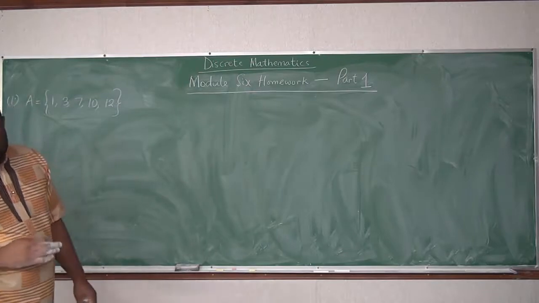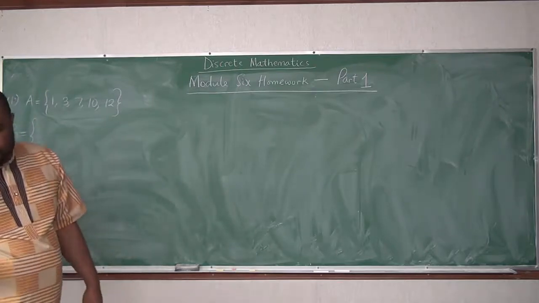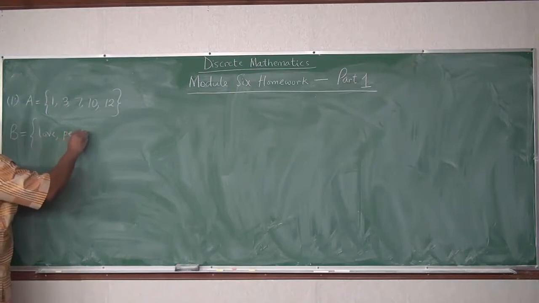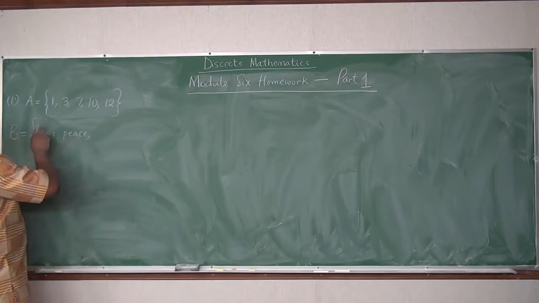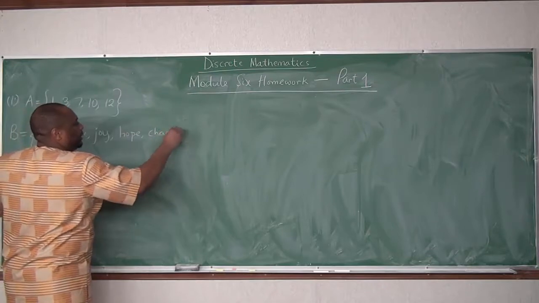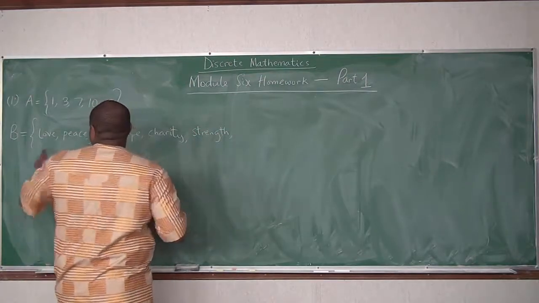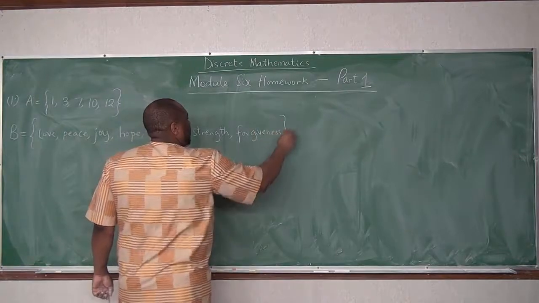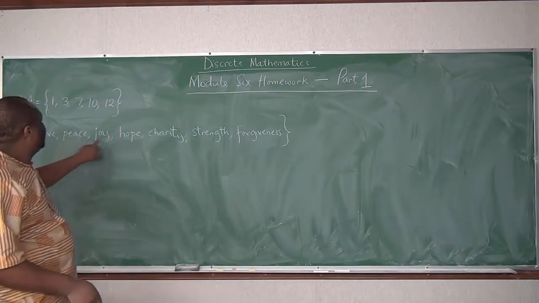Then B is love, peace, joy, hope, charity, strength, and forgiveness.